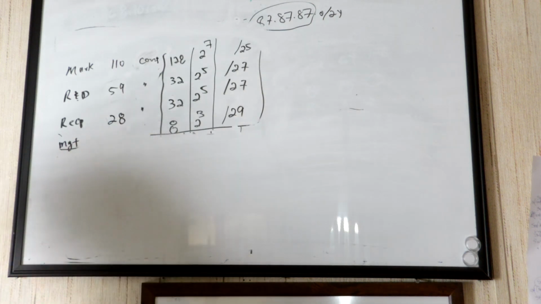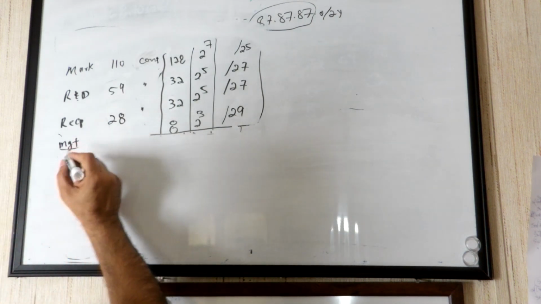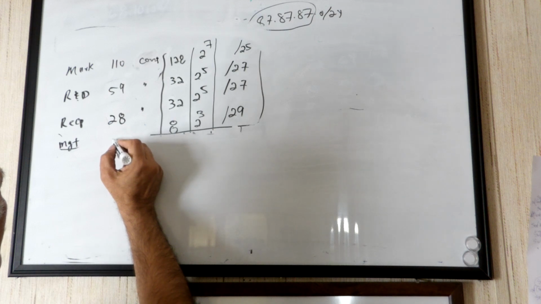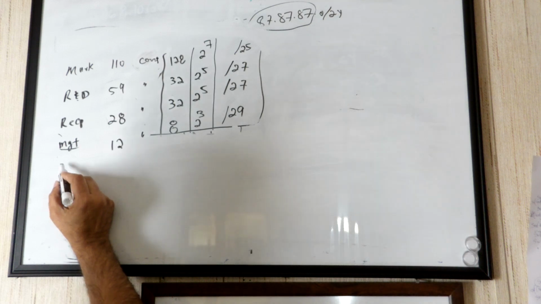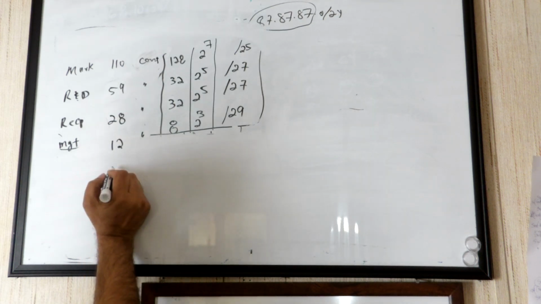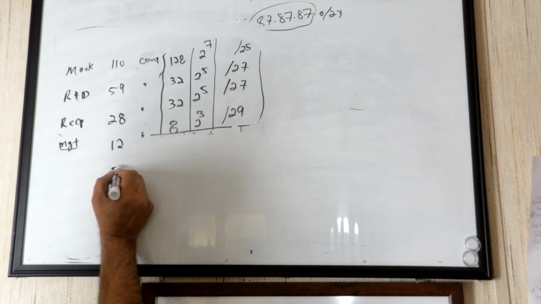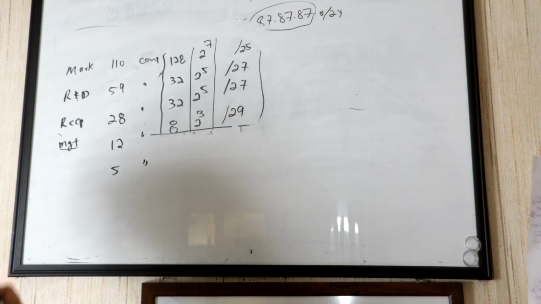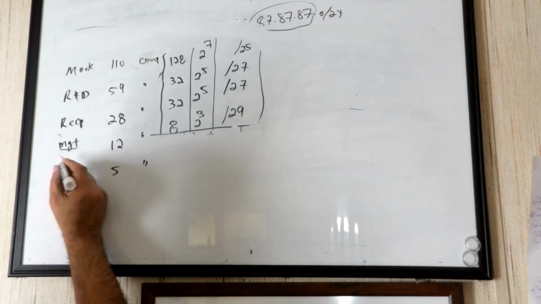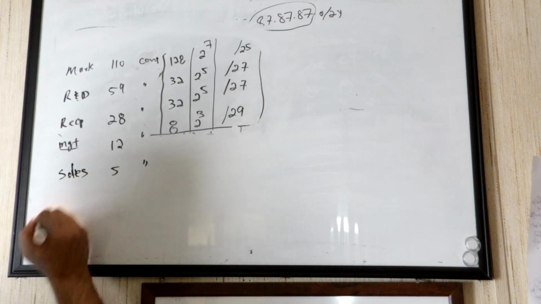And then 16 is going to be 12 computers host for management, and we have another one that has 5 computers, which is, for example, another department, whatever it is, sales, for example, has 5.